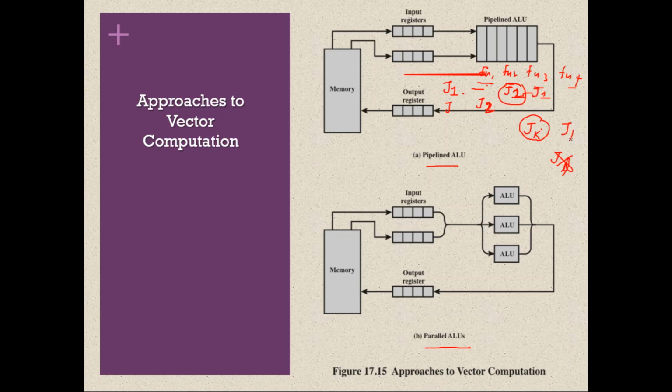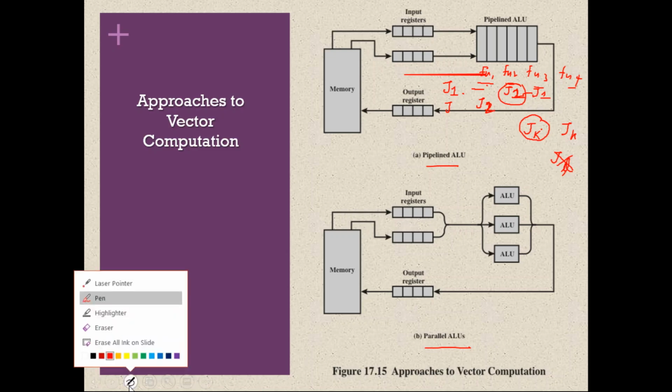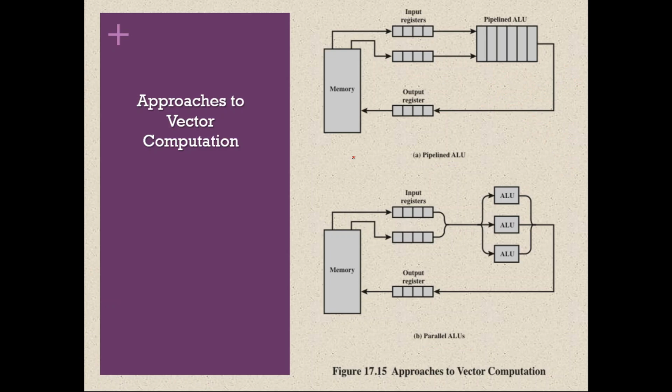Now job K can come here. So this is called pipelining, which we have already discussed. In pipelining, there will be only one arithmetic logic unit, but this arithmetic logic unit may have multiple functional units. So this can be used in a pipelined operation to improve the performance.